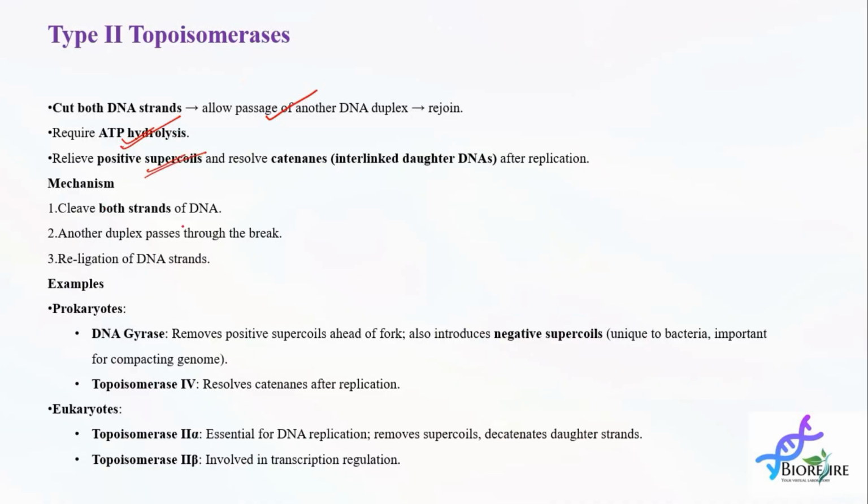The mechanism is the same: it cuts both strands, then the duplex passes through the break and is religated by the DNA ligase enzyme. In prokaryotes, this process is performed by DNA gyrase or topoisomerase 4. In eukaryotes, it is performed by topoisomerase 2 alpha and topoisomerase 2 beta.